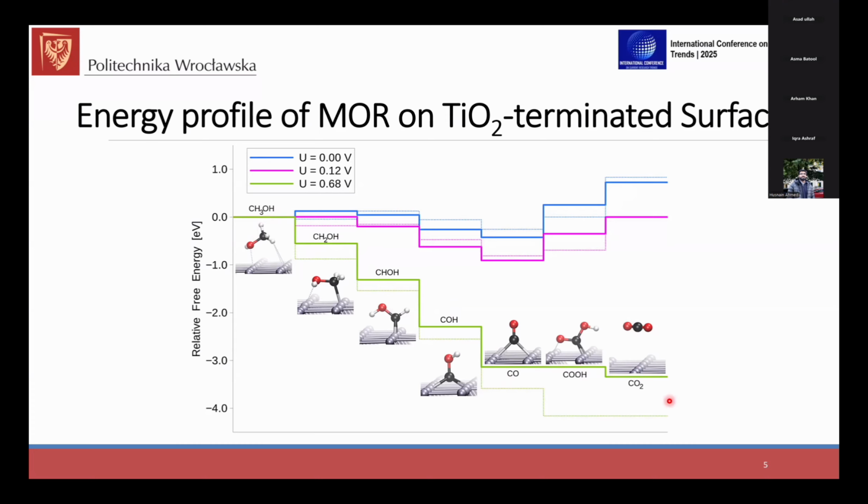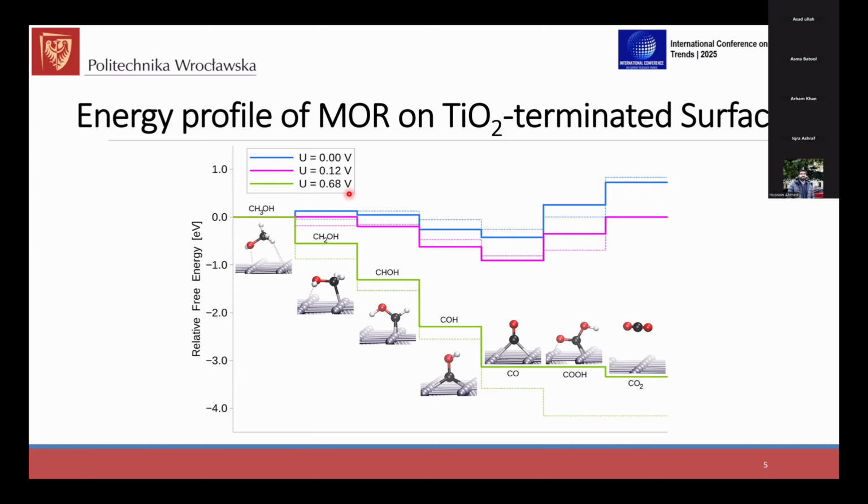The limiting step involves the water dissociation and defines the overall potential, which we calculated to be around 0.56 electron volt. We can see that here. Furthermore, the onset potential is around 0.68 electron volt.